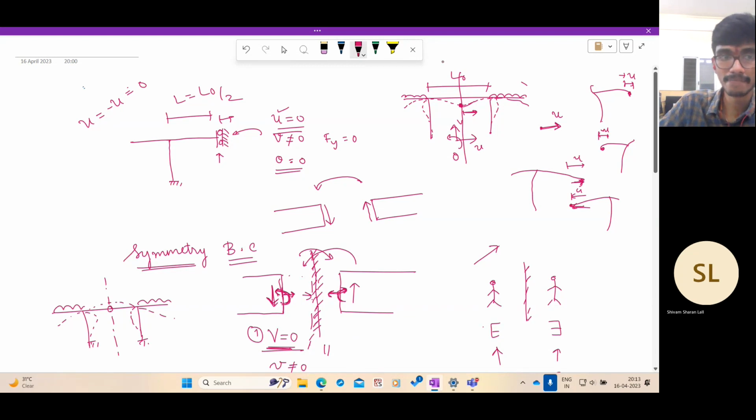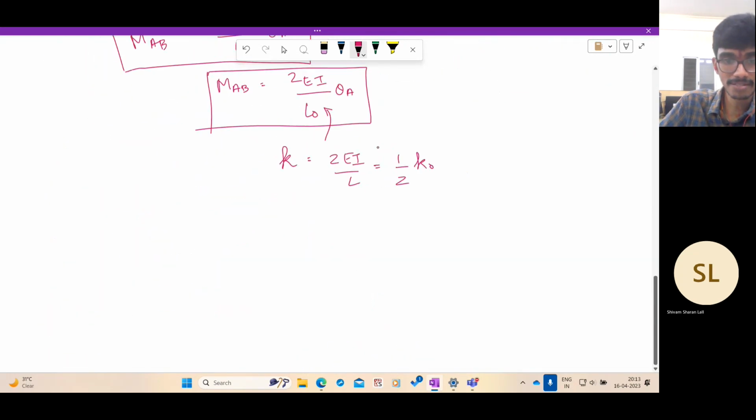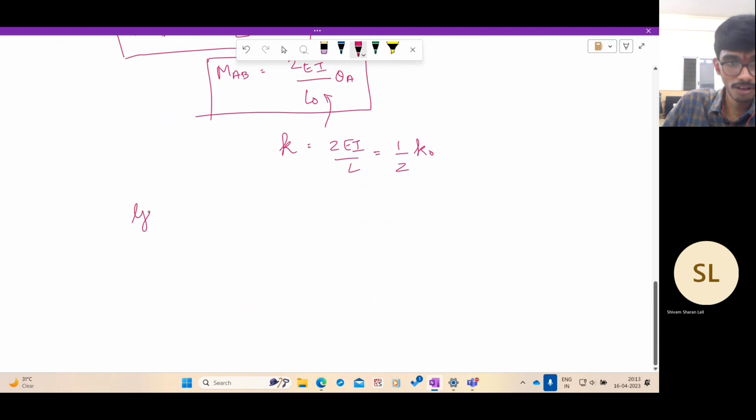If the geometry and loads are symmetric, it is not only linear elasticity, whatever it is, non-linear plasticity, whatever it is, you can always analyze half of the model.